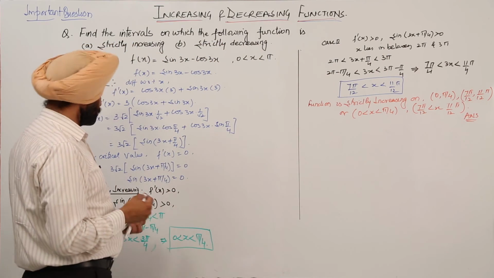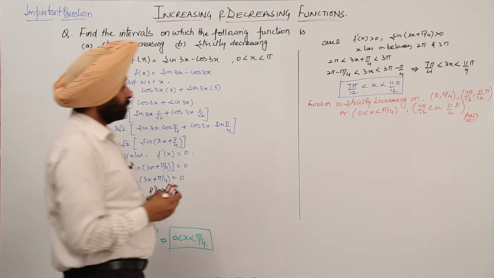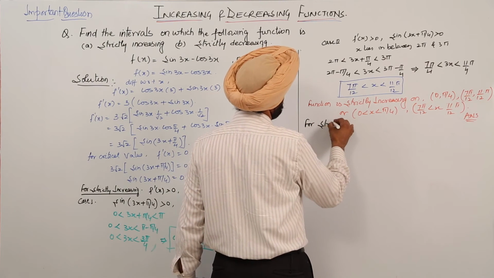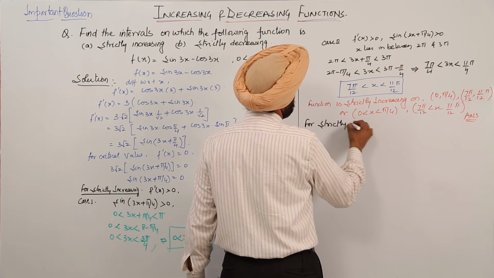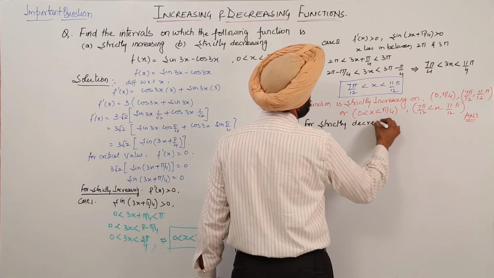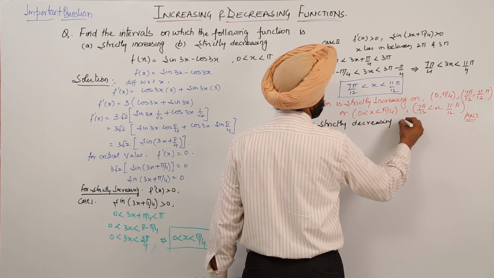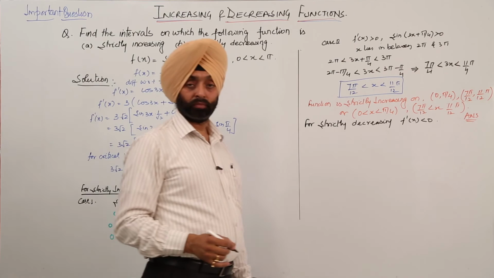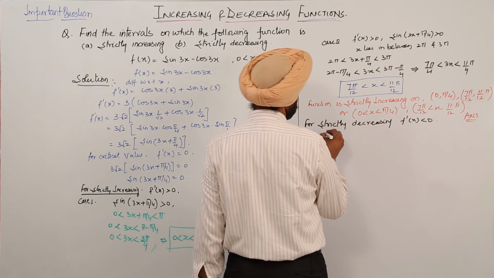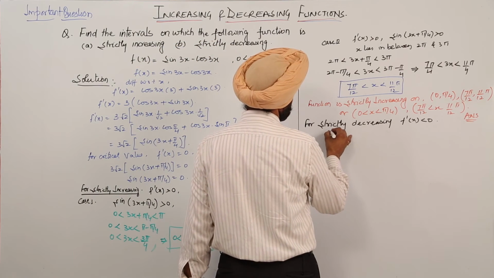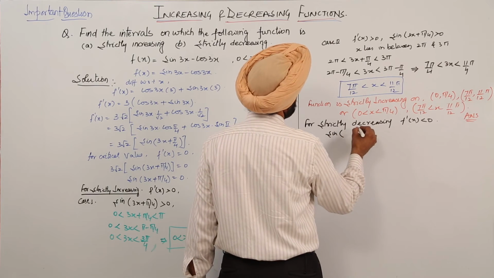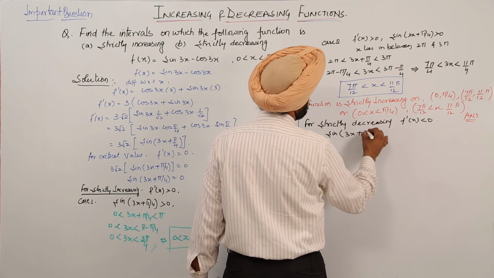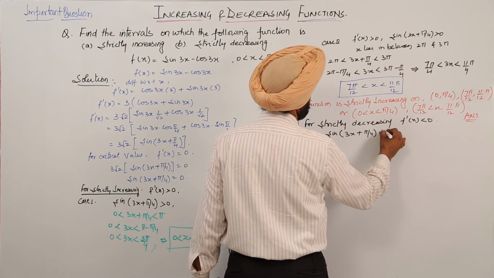Now for strictly decreasing, this was for strictly increasing, now for strictly decreasing. For strictly decreasing, f derivative x is less than 0. So what we have now is sine of 3x plus pi by 4 is less than 0.